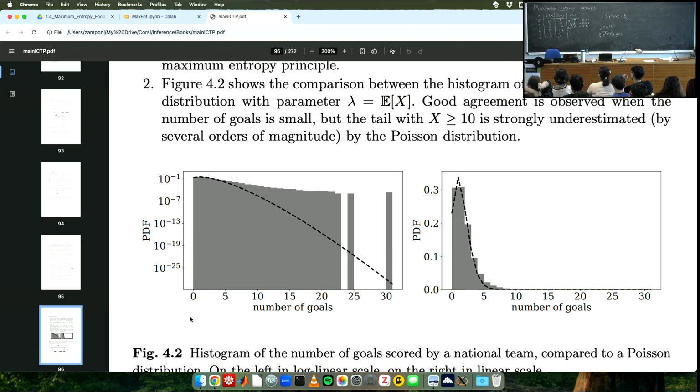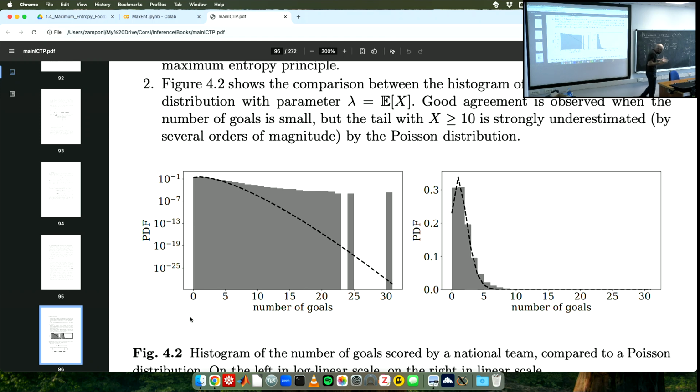So you see two things. First of all, that there is a tail much bigger than Poisson, which is the situation where your team is very strong. And also you see that you don't get very well the probability of 0 goals, this is in linear scale.